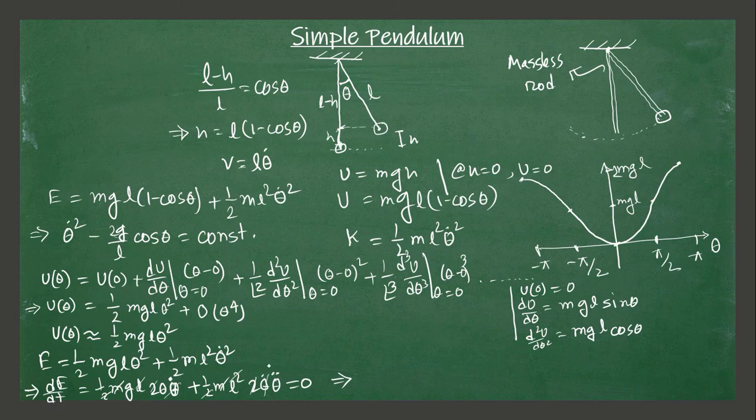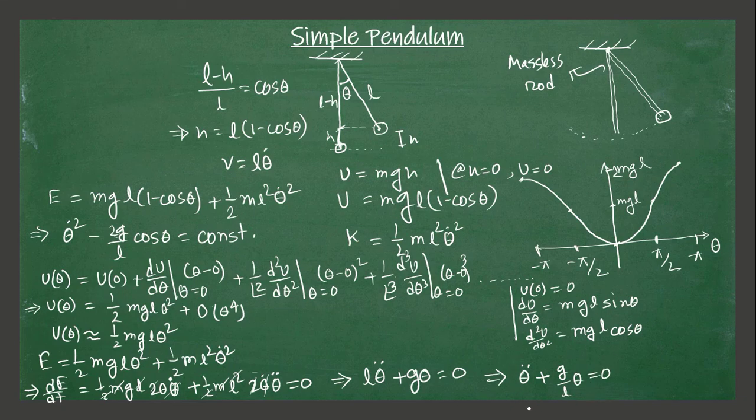So all we'll have is on this side L theta double dot, plus on this side g theta, and this is equal to 0. Now if we rearrange this a little, what should we get? Well, theta double dot plus g over L times theta equals 0.